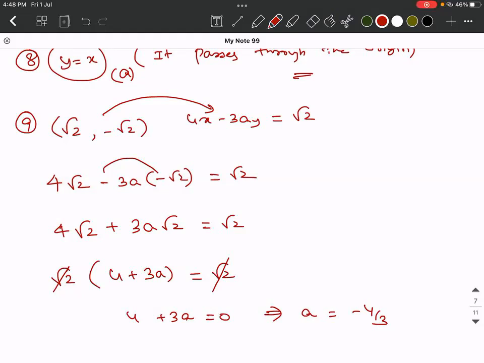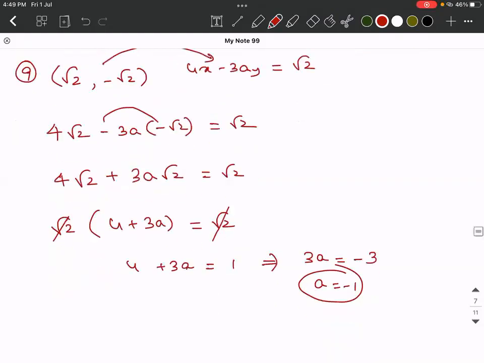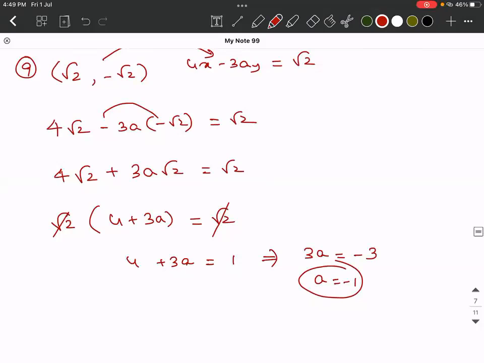Oh, sorry, I made a mistake. I cancelled root 2 and wrote it as 0. It is 1 actually. Should be cautious, sir. So which implies 3a is equal to minus 3. So a will be minus 1. That is the option. So a is equal to minus 1. Did you understand?